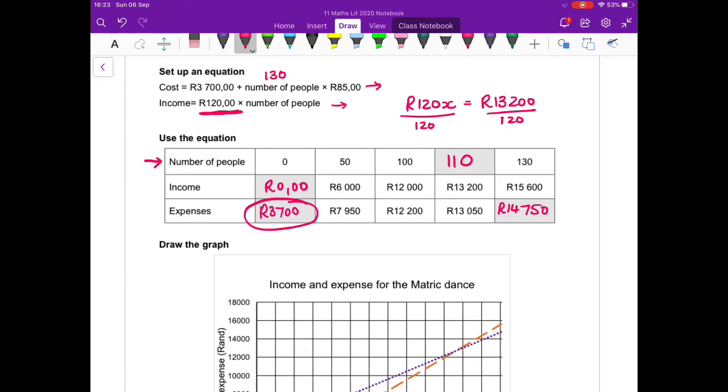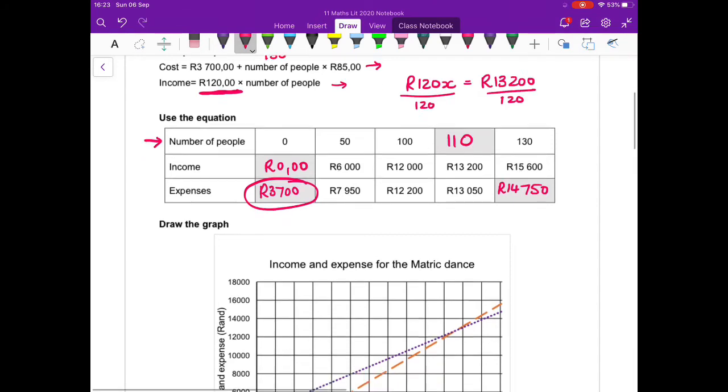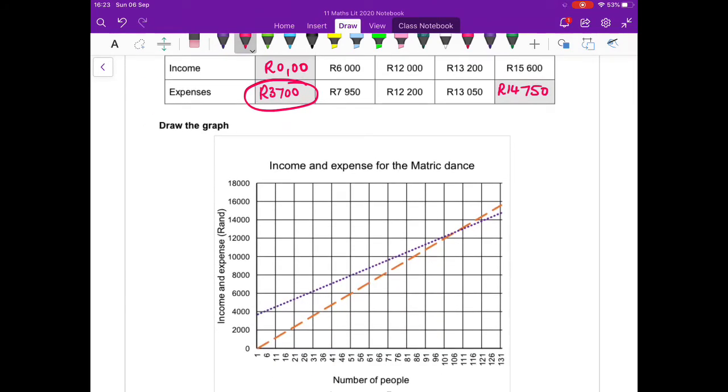So you know your graphs are going to be straight line graphs, and please will you use a ruler for a straight line graph. Remember that these are dotted lines because you cannot get half a person. So as soon as you ask, can I get half of whatever's displayed here, and the answer is no, then you will have a broken line graph for both of those.